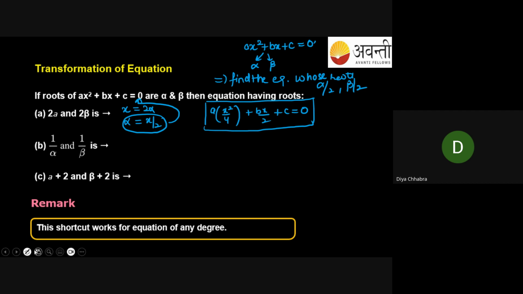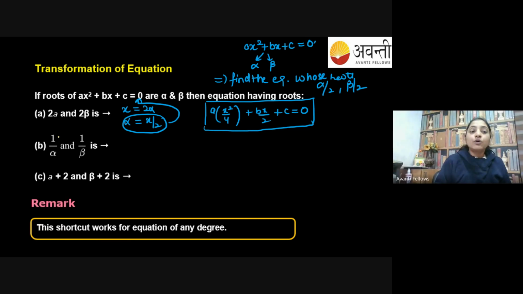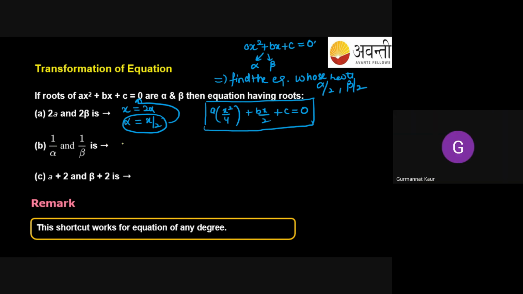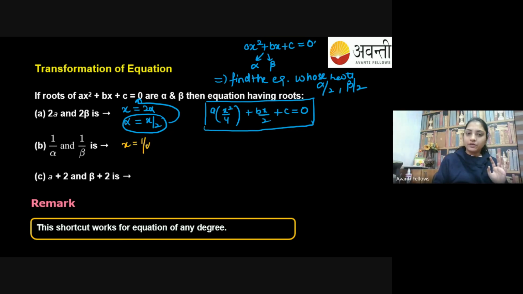So Dia, if I need to find the equation for 1 upon alpha and 1 upon beta, what will I put? Alpha equals to 1 by x. Firstly, be quick, x is equal to 1 upon alpha.